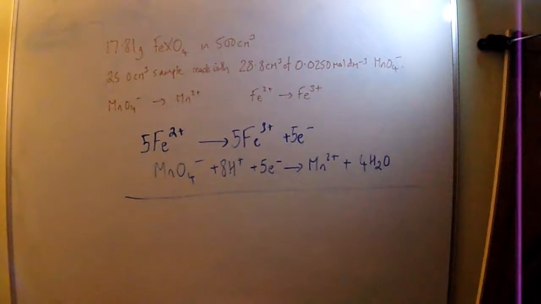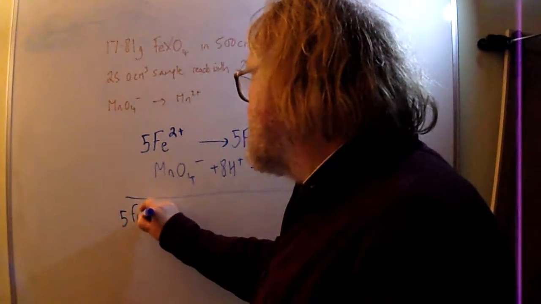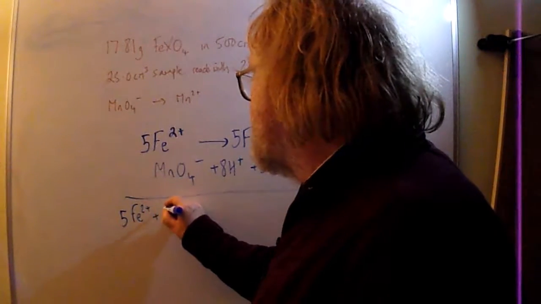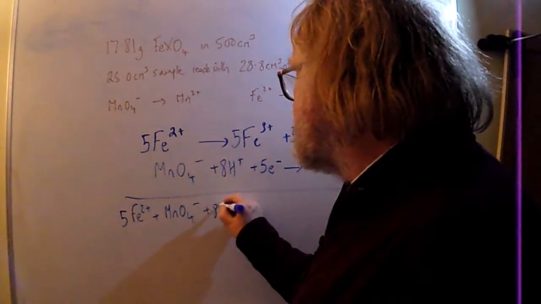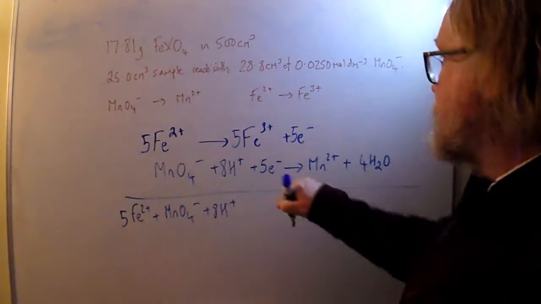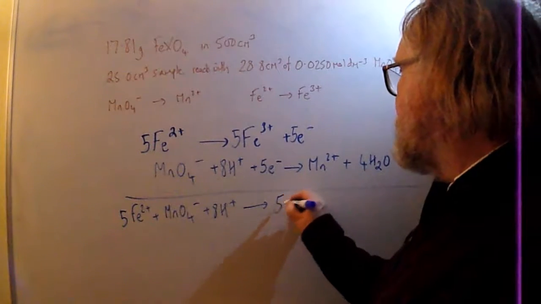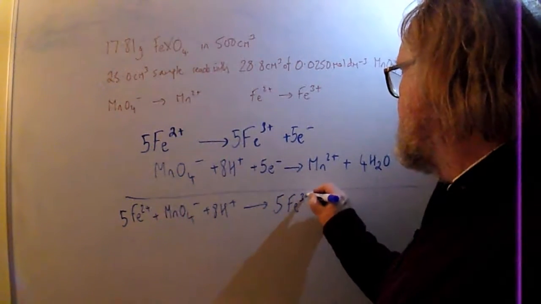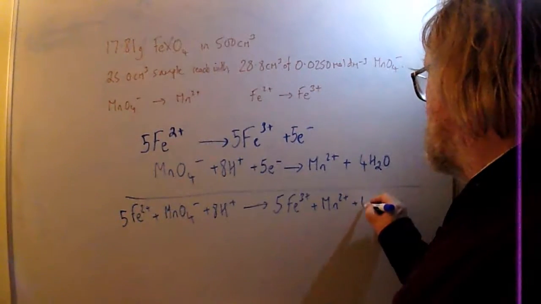And then if we add it up, we get 5 Fe2 plus, MnO4 minus plus 8H plus. We won't put the electrons in because we know those have cancelled out. So that gives you 5 Fe3 plus, Mn2 plus, 4 waters.